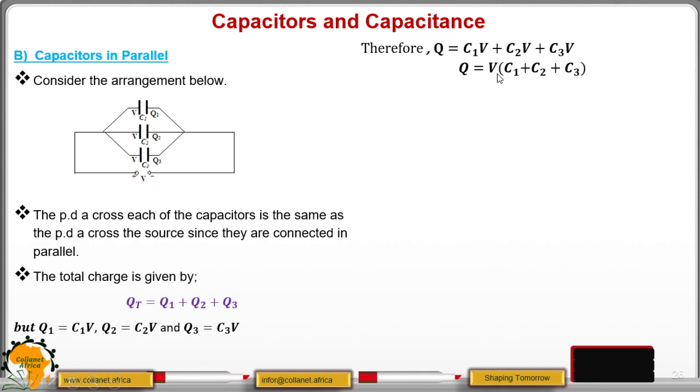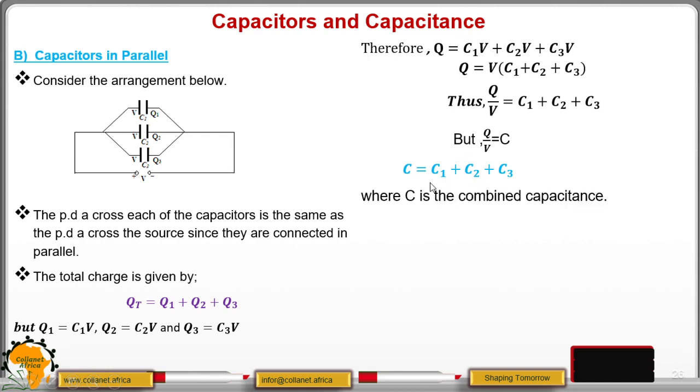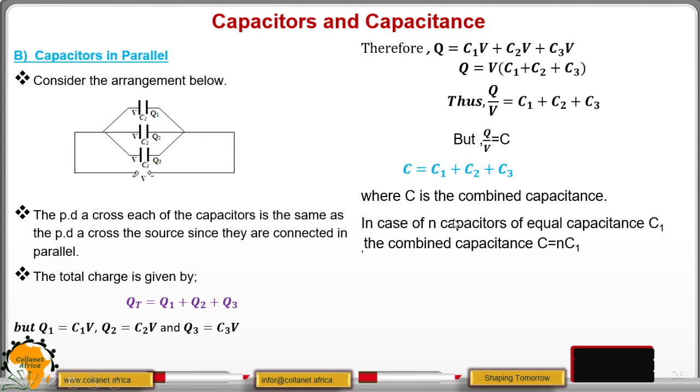By factoring it out, in the bracket we are left with C1 plus C2 plus C3. By dividing through by voltage, you find that Q over V equals C1 plus C2 plus C3. But this term, Q over V, is our capacitance. Therefore, C, which is the total capacitance, equals C1 plus C2 plus C3, where C is our combined capacitance.